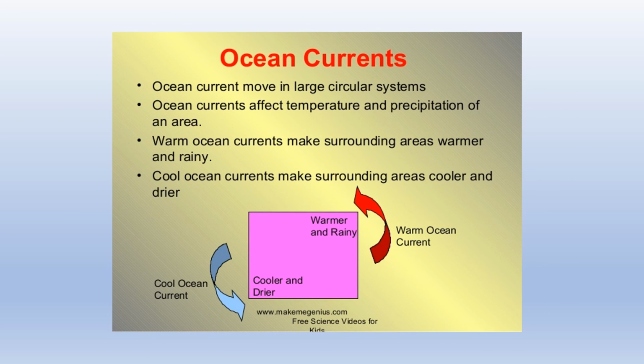So an ocean current is nothing but a large movement of water in a circular system. Ocean currents affect the temperature and precipitation of an area. Warm ocean currents make surrounding areas warmer and rainy, whereas cool ocean currents make surrounding areas cooler and drier. One has to know about it.